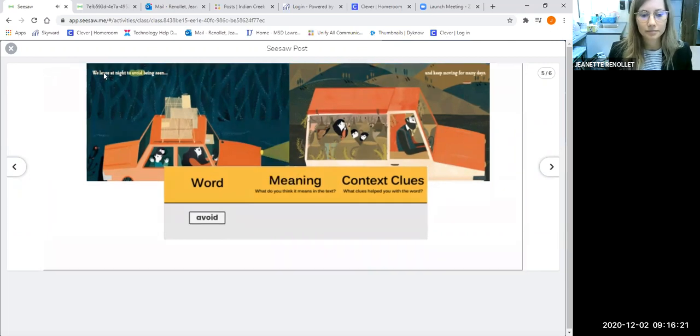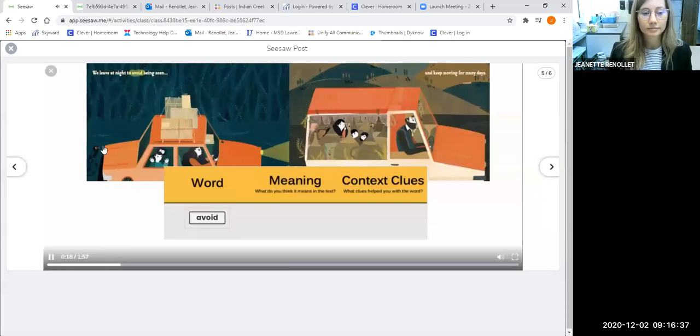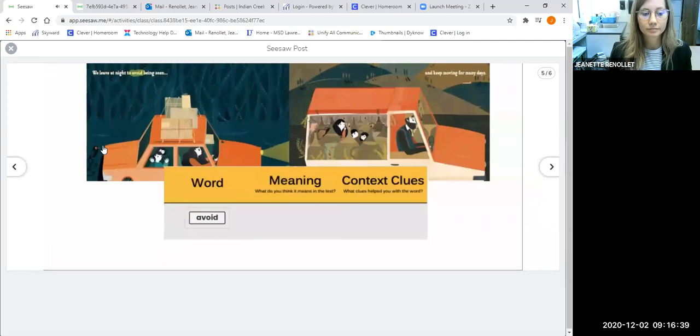Let's look at an example of finding the meaning of an unknown word by looking at the context clues. Our word today is avoid. Now, you may not know what that word says if you were to come along and read it. So let's look at the context. We might leave at night to avoid being seen and keep moving for many days.